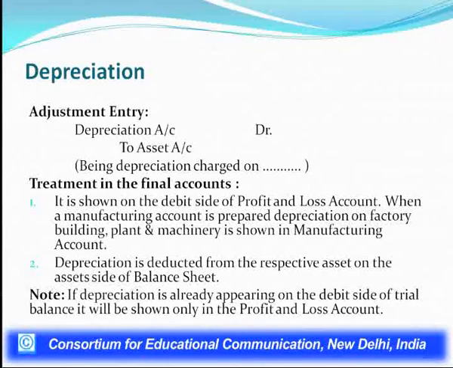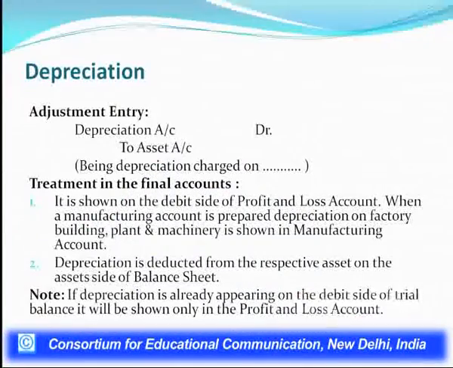Narration we shall record, and the depreciation charged on asset may be the machinery, then we shall pass entry depreciation account debit to machinery account. If depreciation has been charged on furniture, then depreciation account debit to furniture account. So similarly we will make the change in this entry.